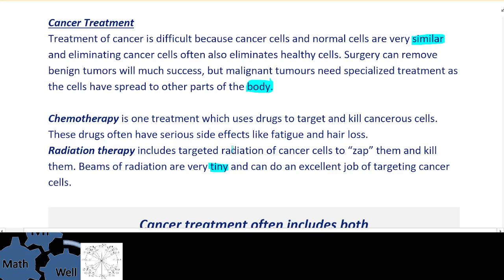Now, what's a good example? If I drop a few drops of grape juice in a sink full of water, that grape juice is eventually going to get all throughout the water. So that's like chemotherapy, it goes around and treats everything.